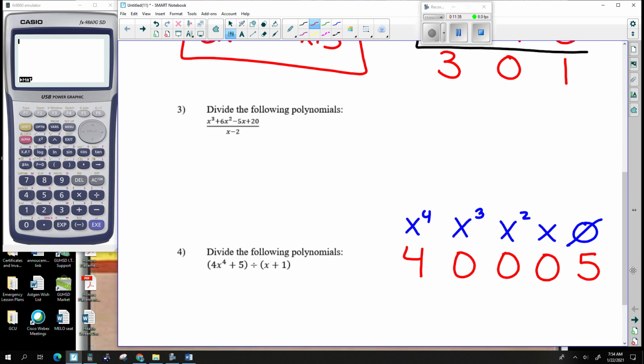So let's take this problem from scratch. All right, so I see the number that I'm dividing by is, in essence, a 1, 6, negative 5, positive 20. I'm dividing by an x minus 2, so it's going to be a positive 2.